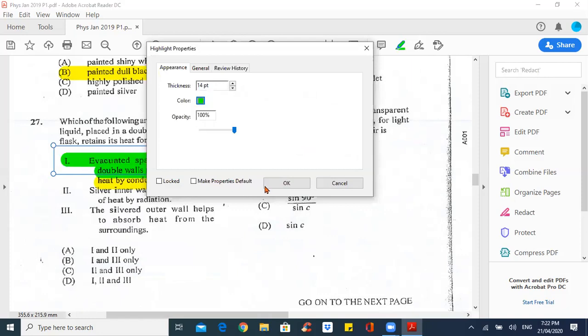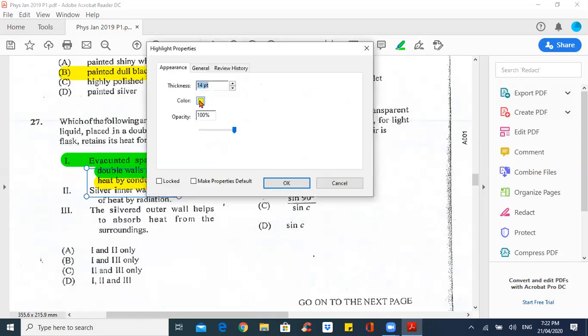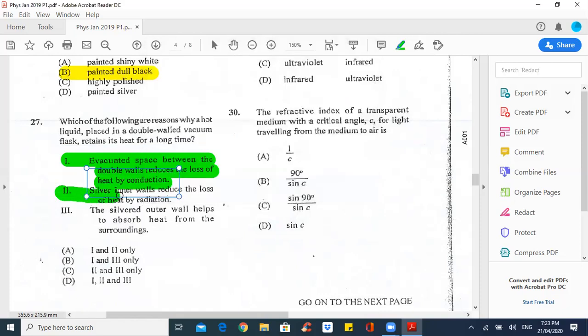Number one is correct. And number two, the silver in the wall reduces the loss of heat by radiation, which is true as well. Number three, the silver outer wall helps to absorb heat from the surroundings. That's wrong. So your answer is 1 and 2. So number 27 is A. Answer is A for this.